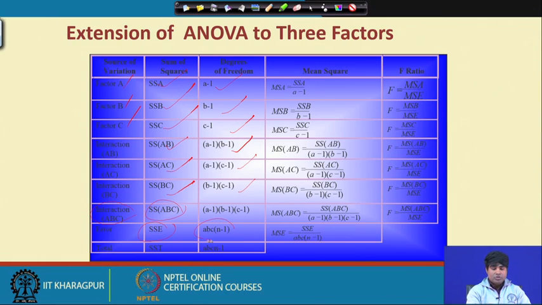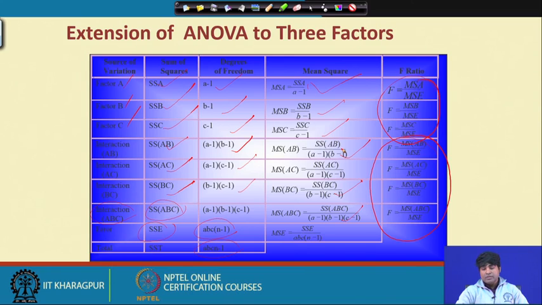And finally, this is for the error sum of squares, and this is for the total sum of squares, and accordingly you can find the mean square for factor A, factor B and factor C, the interactive effect between AB, between AC and between BC, and the combined interactive effect ABC. So in the 3-factor model these are the 3 main factors and these are the 3 interactive factors.